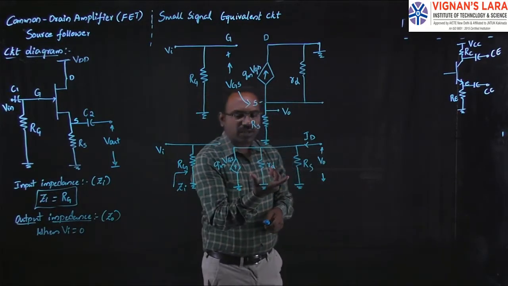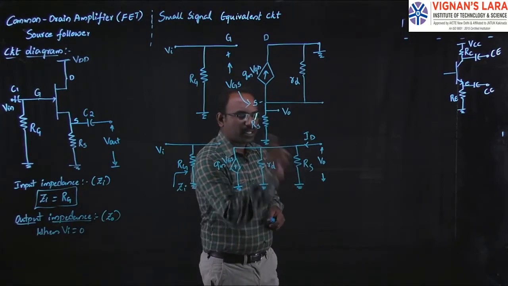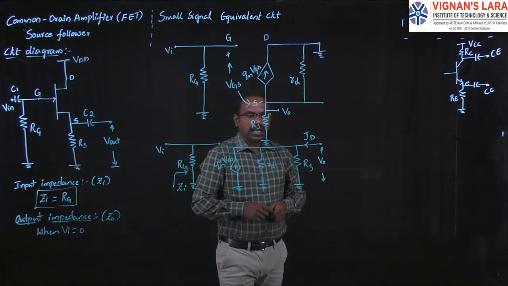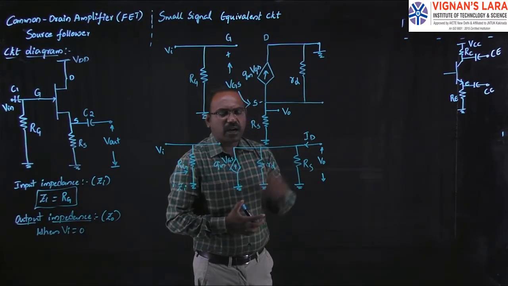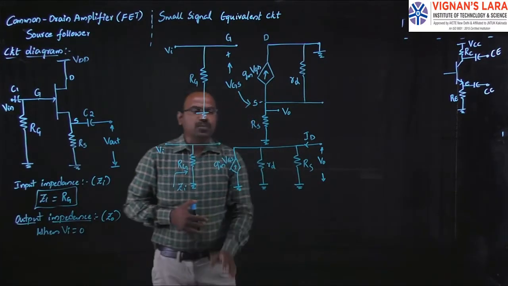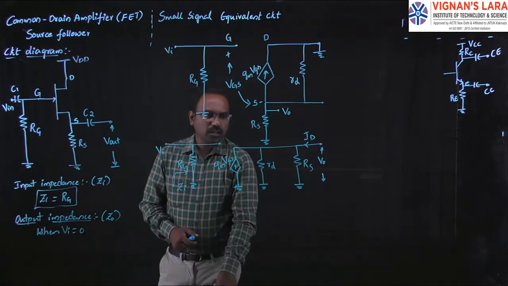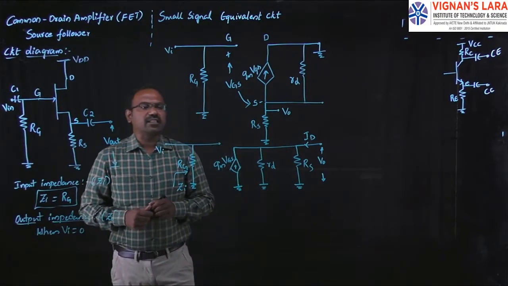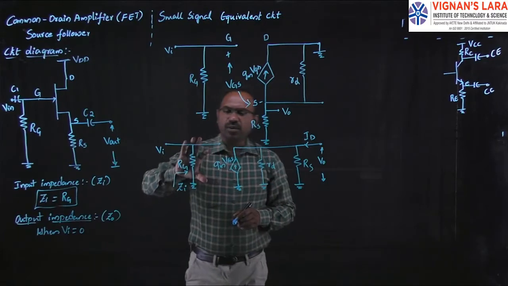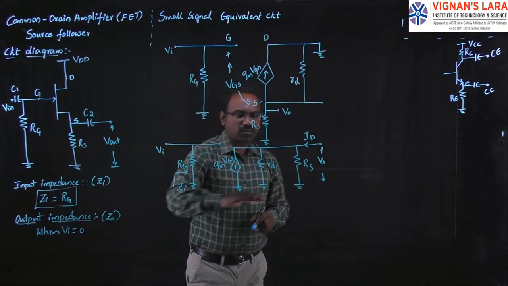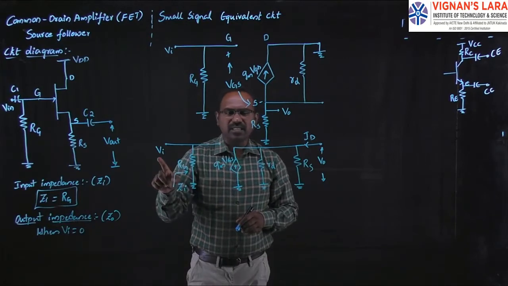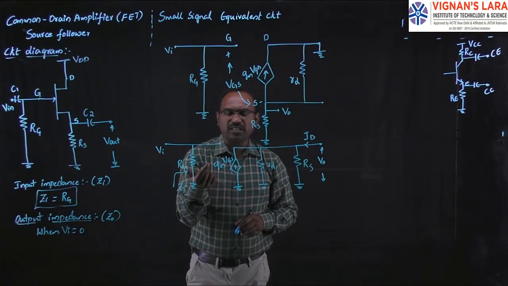And my circuit is having only these three components, right? And generally how will we define the output impedance? The output voltage by the output current. Generally we will define it like this. So in order to calculate the output impedance, we will have only this component. Why? Because Vi equal to 0 means there is no effect of this.